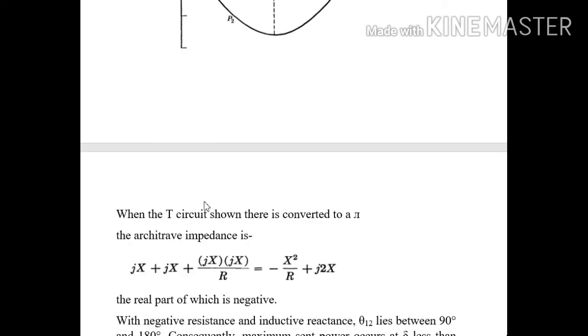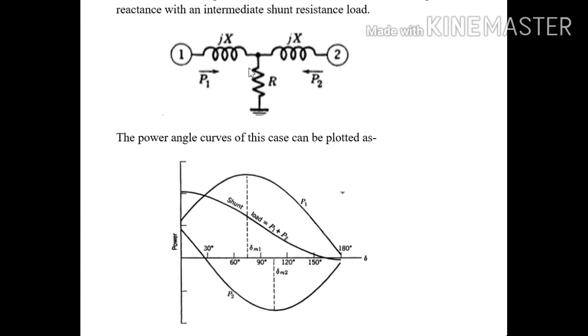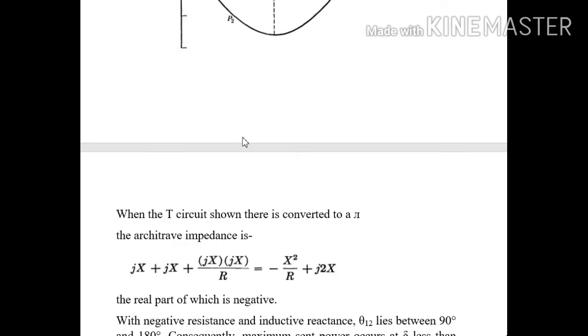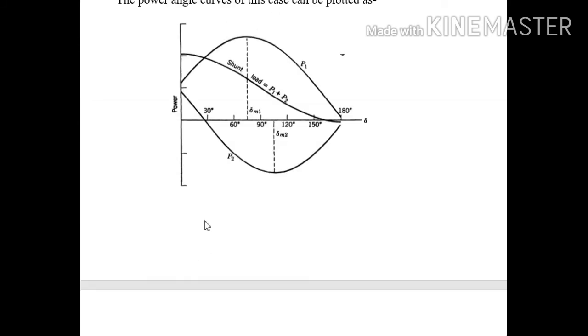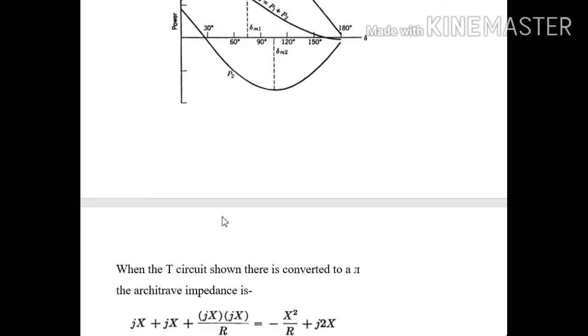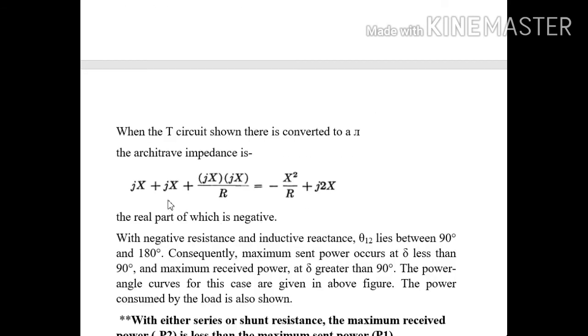Okay, so here if I reduce this T circuit to the pi circuit, what I obtain when the T circuit shown there is converted to pi, the arbitrary impedance is, obviously you can solve this by network formulas, that is jx plus jx plus jx upon r. So I got this expression, right? The real part of which is negative.